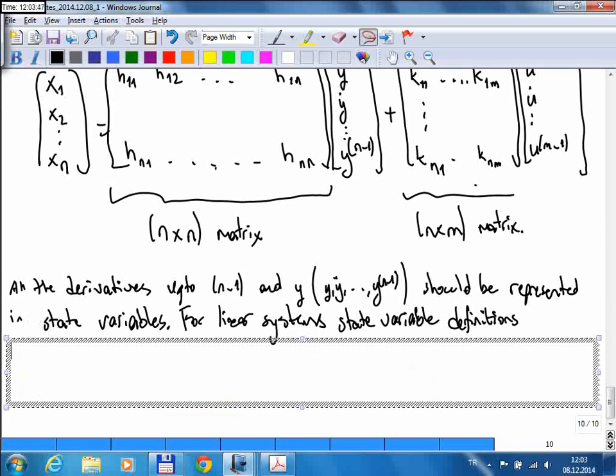State variables for this system, state variable definitions are made as shown above, where we define an n times n matrix.